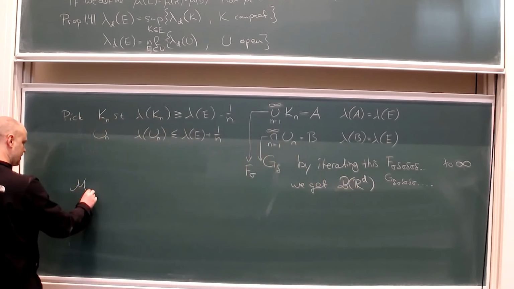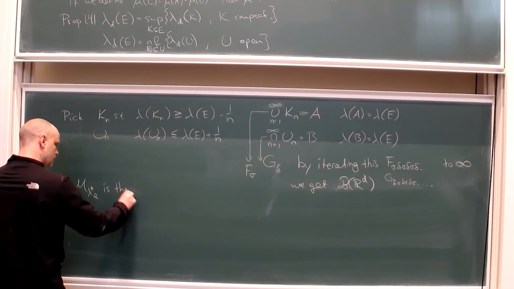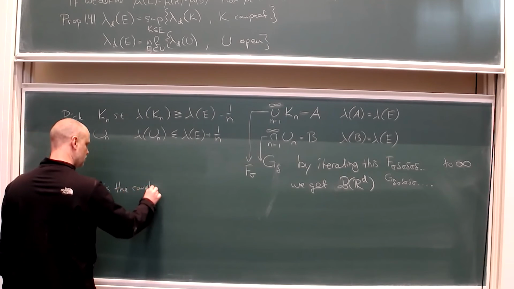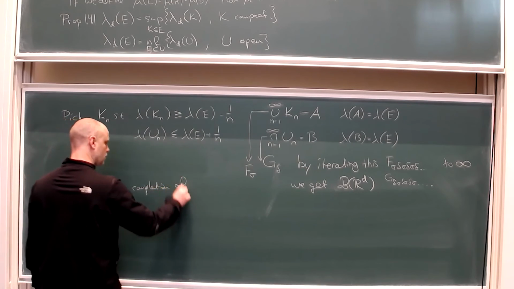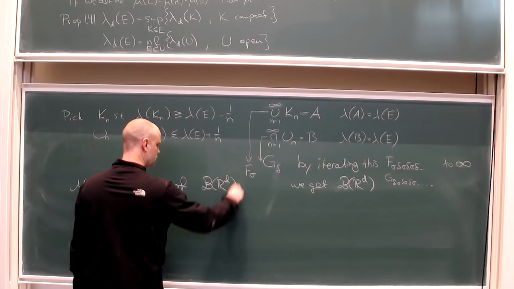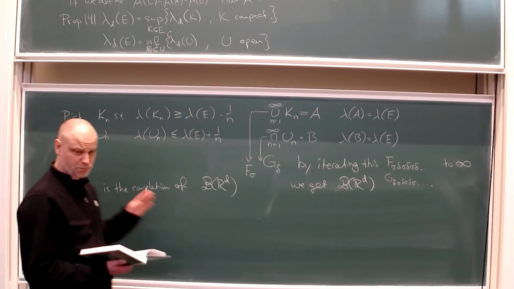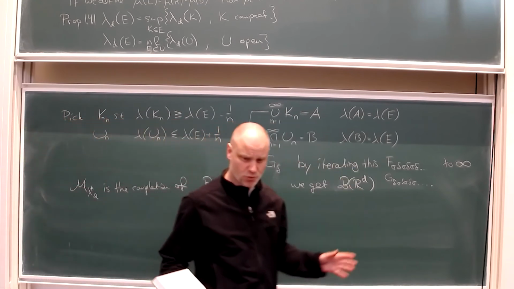And let me, I think I said this already, but let me write it out on the blackboard, that this is the completion of the Borel sigma algebra. So very nice results. Okay, so again, I'm not doing proofs now because I just want to give you the overview here.